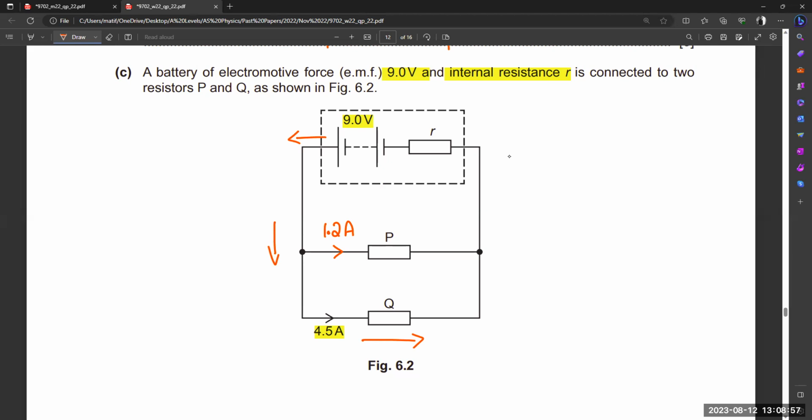Okay. So 4.5 is passing through the Q. It means that the same current actually passes from this side through the R. So it means that 4.5 is the value of electric current.